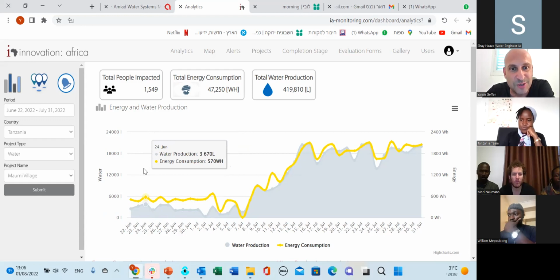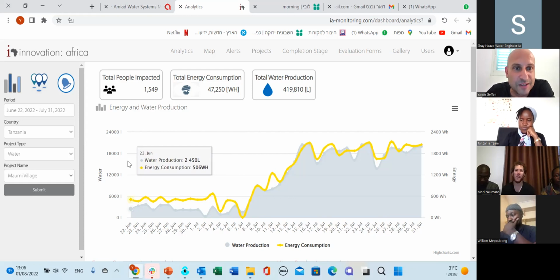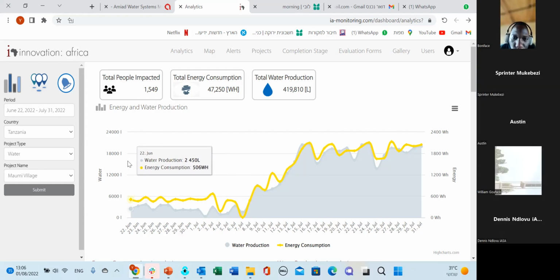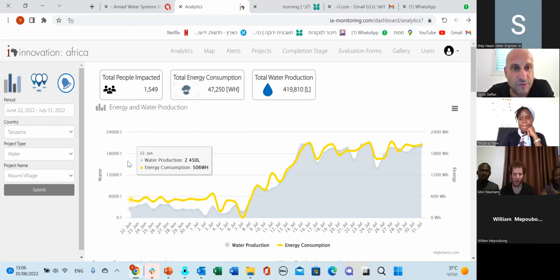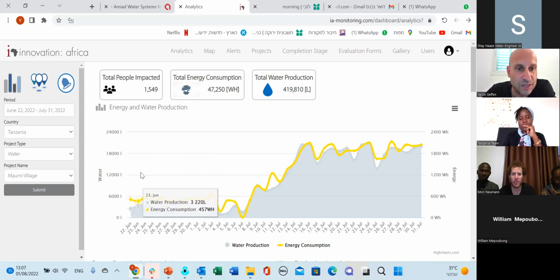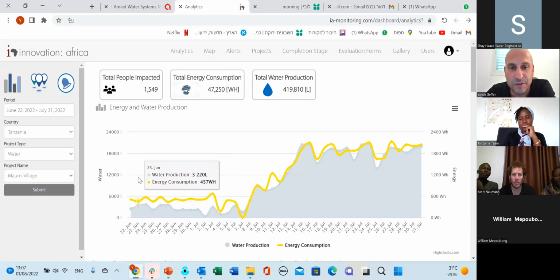So I asked why, and it's because they started charging a water fee, per consumption. For each bucket they fill, they have to pay. So this is why they consumed very little, around 3,000 liters per day, which is 2 liters per person per day, which is very low.